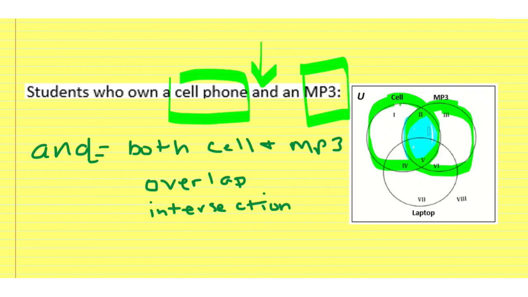So that means that anybody who owns both a cell phone and an MP3 player would be in this area. They own both. And it is represented by regions 2 and 5. So my answer is regions 2 and 5 represent the students who own both a cell phone and an MP3 player.